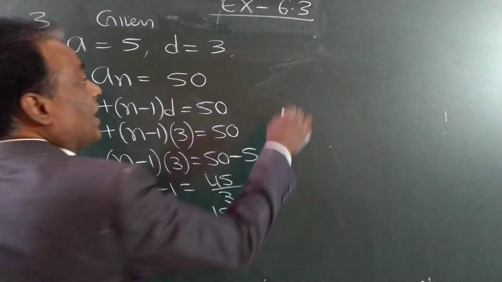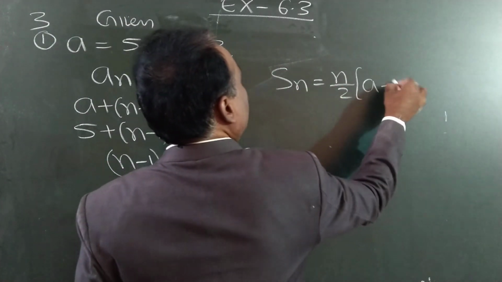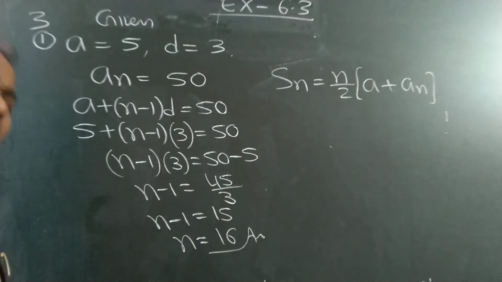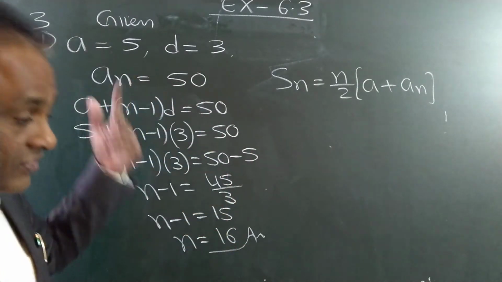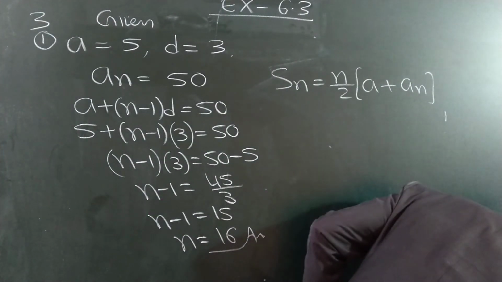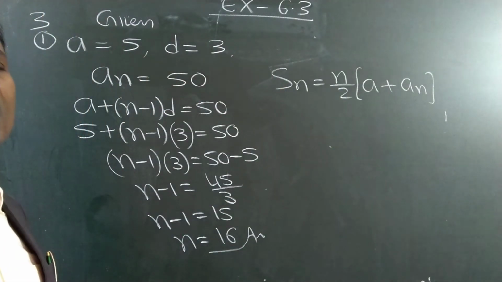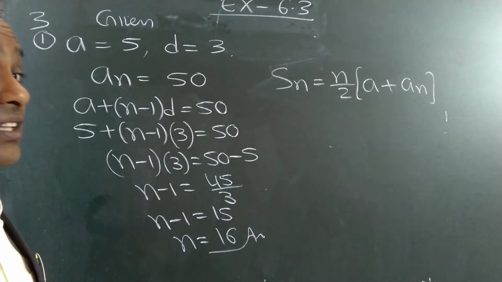Second question is, find the Sn. What is the formula for Sn? n by 2 into first term plus last term. Second formula. We can use the first formula also, but last term is given, no? So this is 50, so we can use this formula. Otherwise, any formula you can use. 2 formulas I gave for finding the sum.